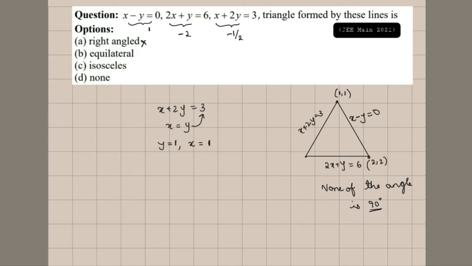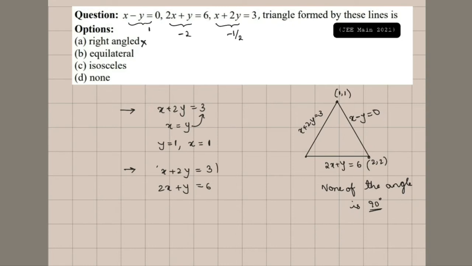Similarly, we need to find the intersection of x plus 2y equal to 3 and 2x plus y equal to 6. How to solve these two equations? We have seen it in the concurrent lines lecture, which is lecture 8. If you don't know how to solve, do watch. These are basic things which you have learnt in 9th or 10th standard.